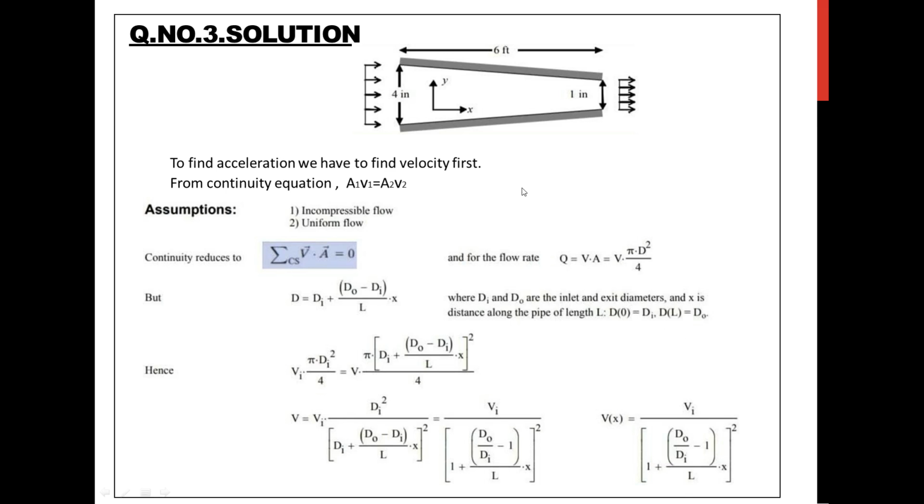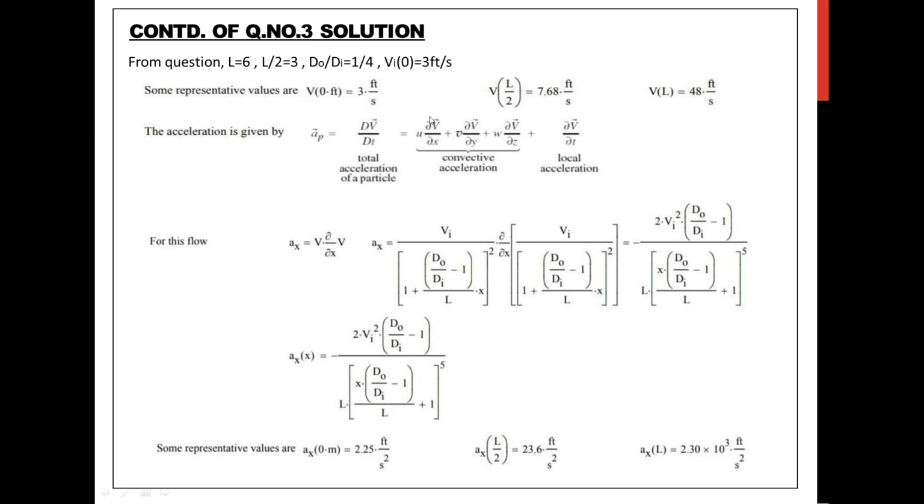So now putting the values, we will get some values of v. At x equal to 0, it is given as 3 feet per second.